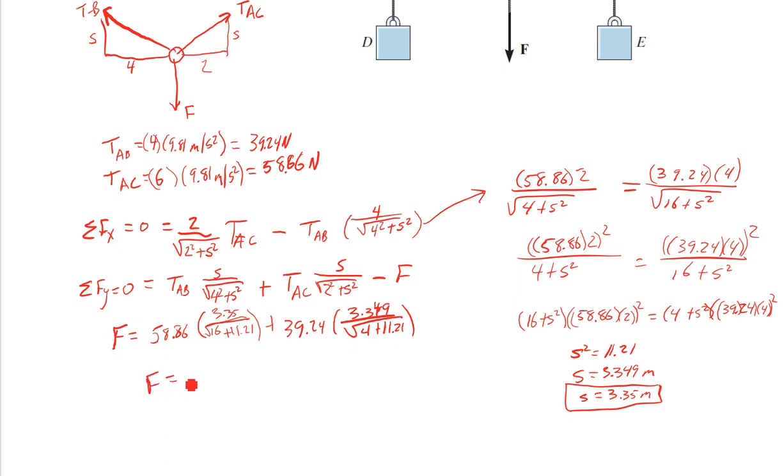F is 75.73 newtons. To 3 significant places, 75.7 newtons. And that's acting in the downward direction.